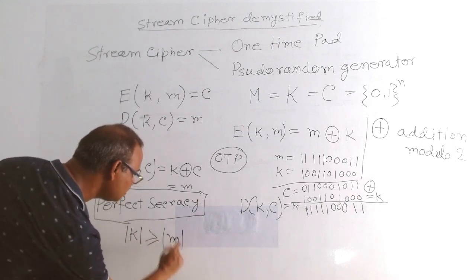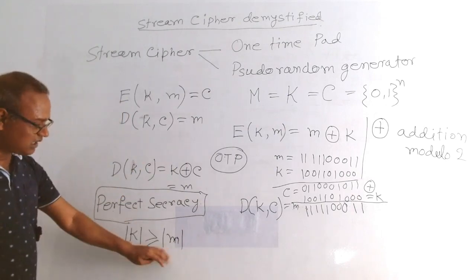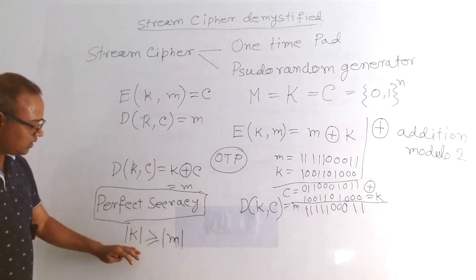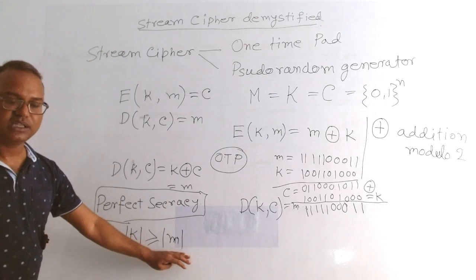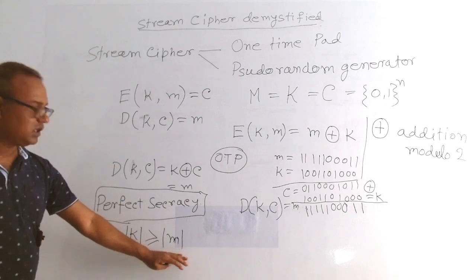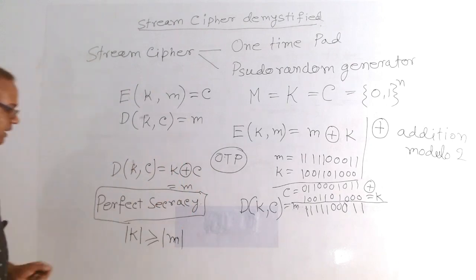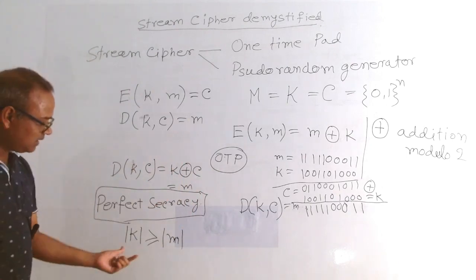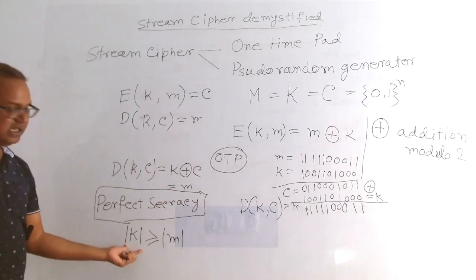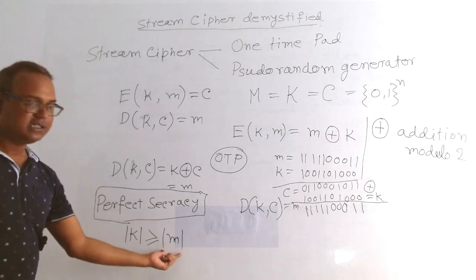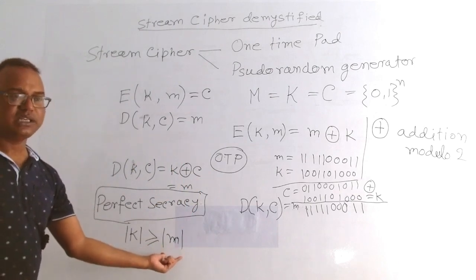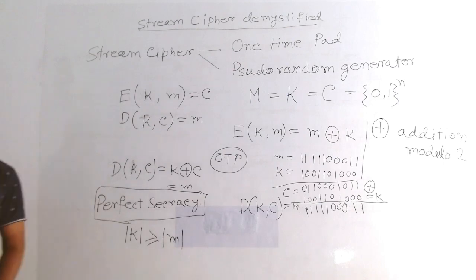So OTP has perfect secrecy if the length of the key is greater than or equal to the length of the message. This is very good news that OTP is secure, but the difficult part is that the length of the key should be at least equal to the length of the message, which is a very large number.